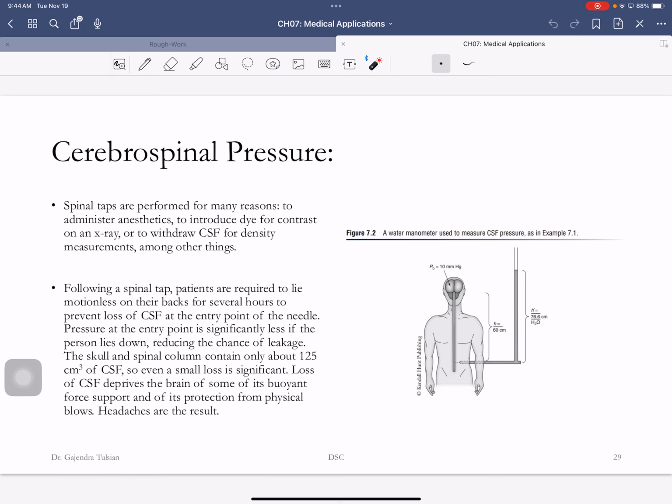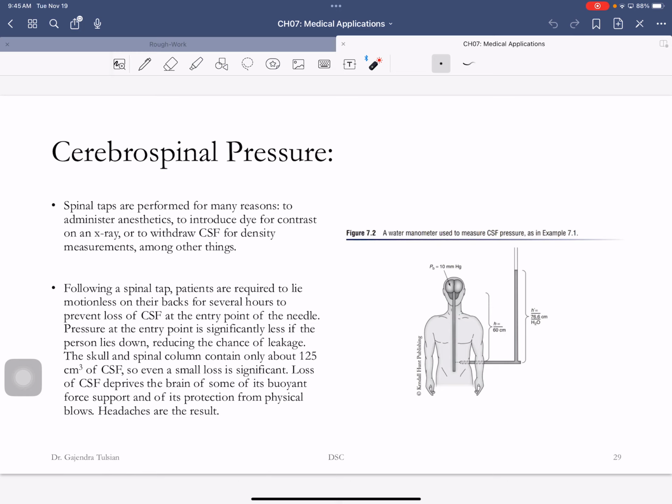Okay, so you have a total of 125 milliliters of cerebrospinal fluid. Okay, so after you do a spinal tap, you might have small leakage of this fluid. So even a small loss is significant. Okay. Loss of the CSF deprives the brain of some of its buoyant force and support of its protection from physical blows, and headaches result.